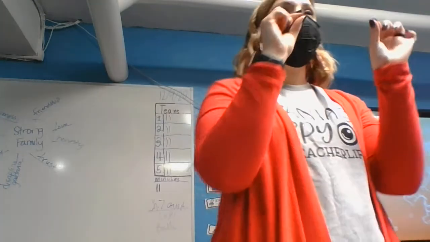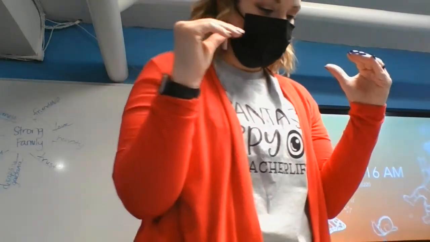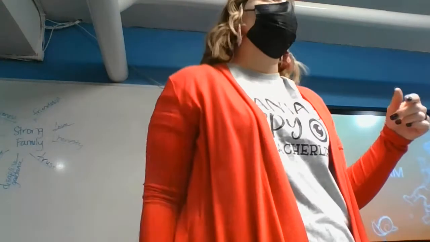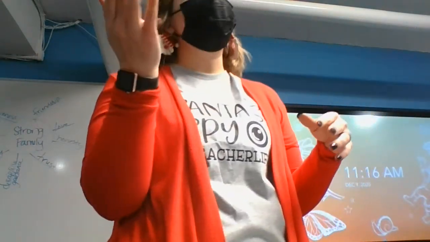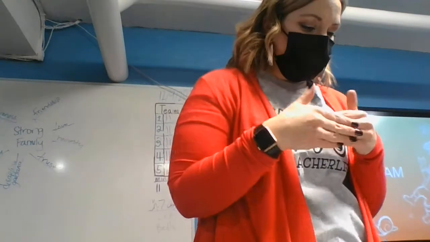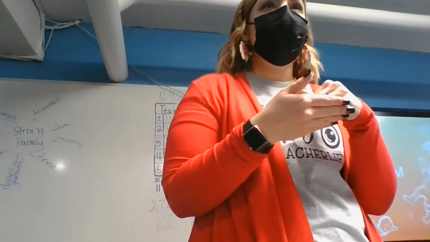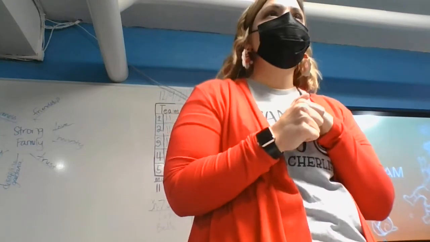We have decaying leaves, blank, chemicals. Do we know what goes in the blank? I have no idea yet. We kind of need to look at the second column to decide. The second column is blank, autotrophic, blank.